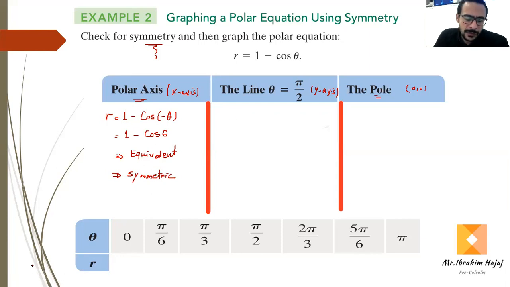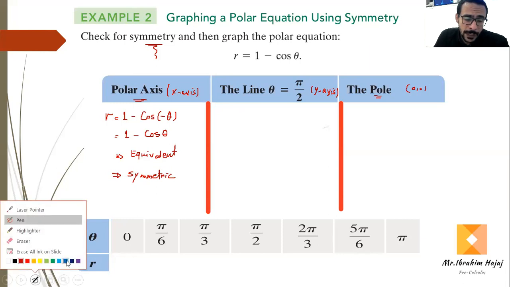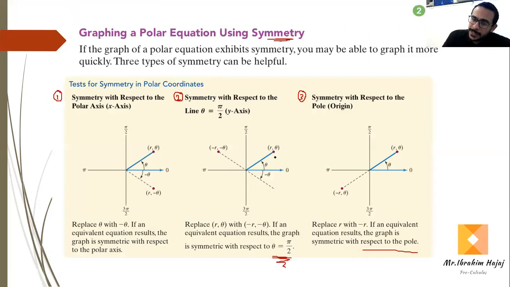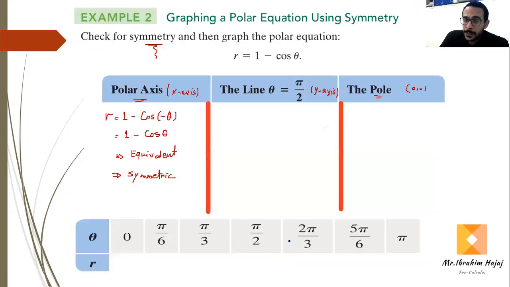The next test is to check the symmetry of this equation with respect to the angle theta equals pi over 2, which we call the y-axis. Who can do it? I said to replace the r by negative r and replace theta with negative theta. So it's going to be negative r equals 1 minus cosine of negative theta, which is cosine theta.